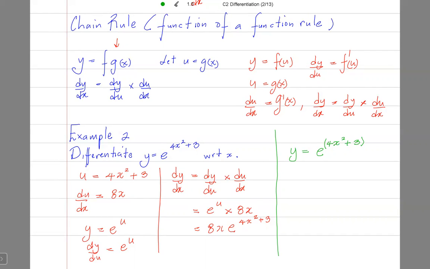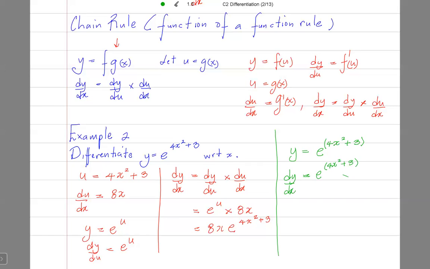Whenever I differentiate a composite function, I would differentiate the outer function and then multiply it by the differential of the inside function. The outer function is e to the u, and if I differentiate e to the u, I'm going to get back e to the u. So dy by dx straight would be e to the 4x squared plus 3.